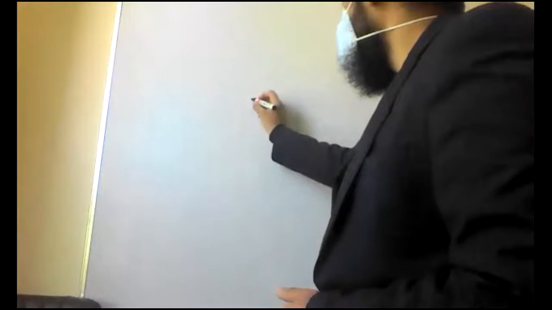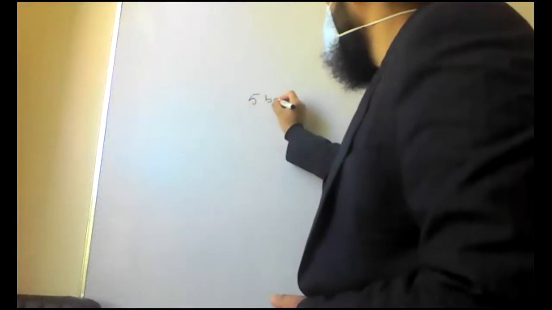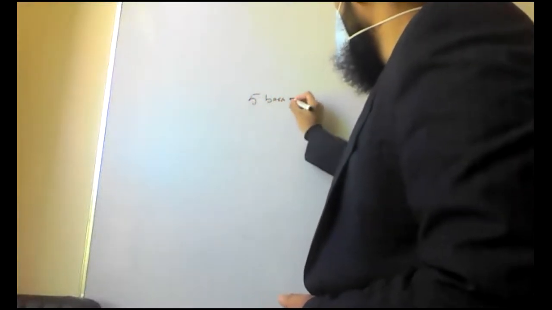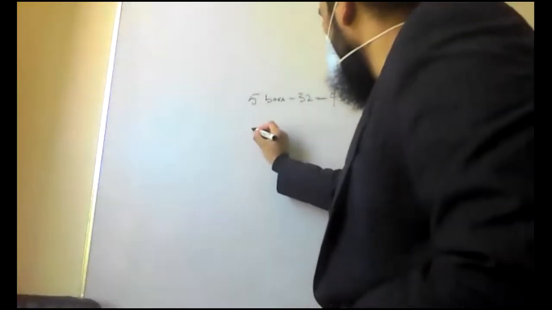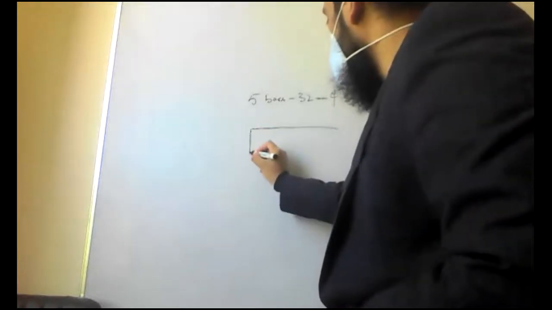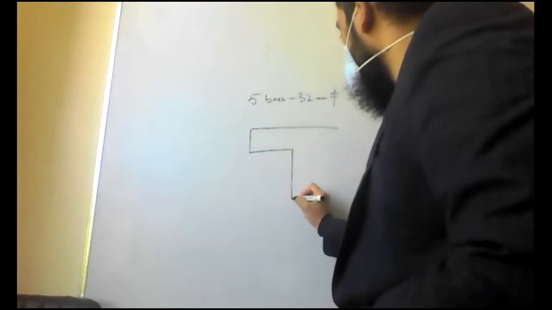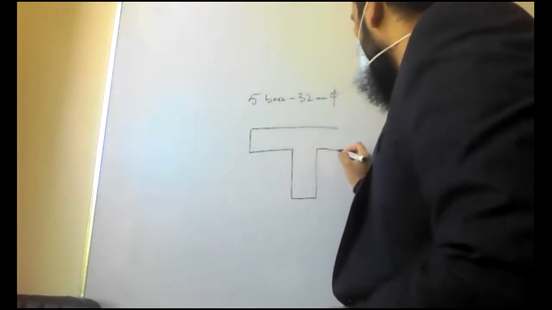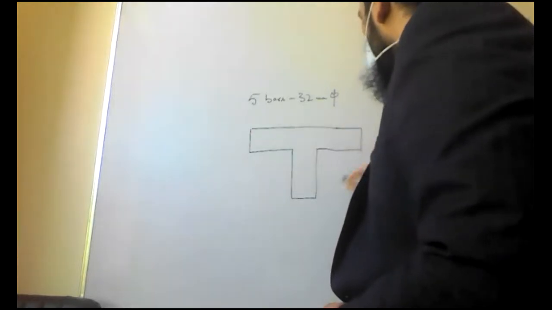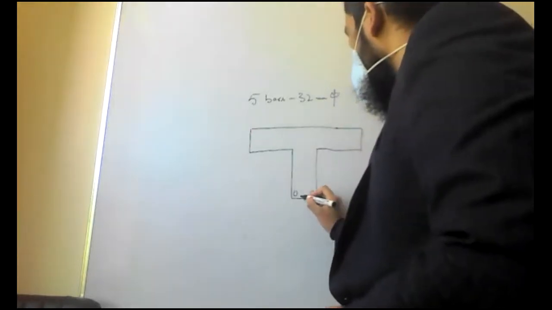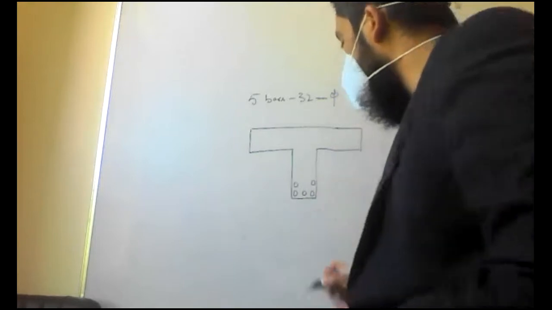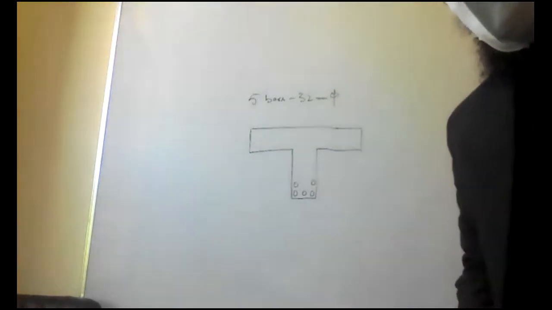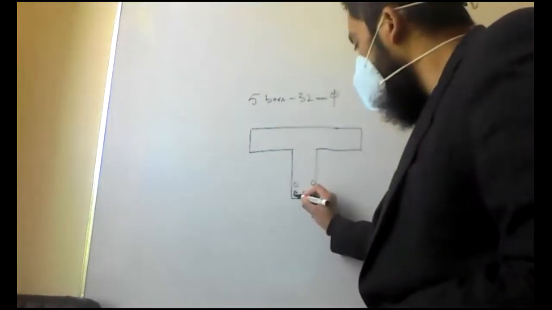So we have 5 bars of 32 mm being provided, which is the dia of each bar. So how do we provide these bars? We could provide it something like this: 5 bars in this fashion.